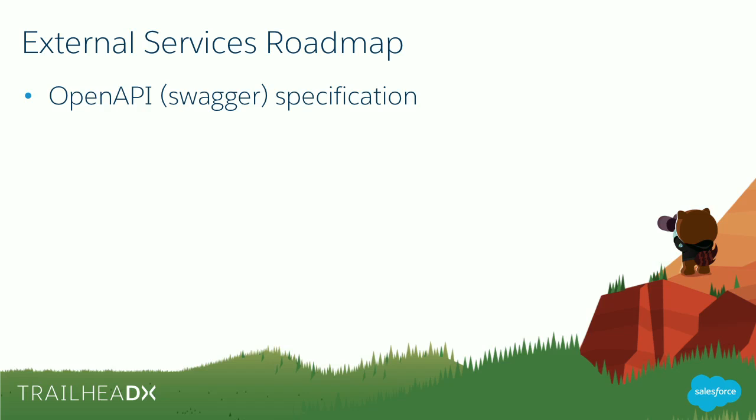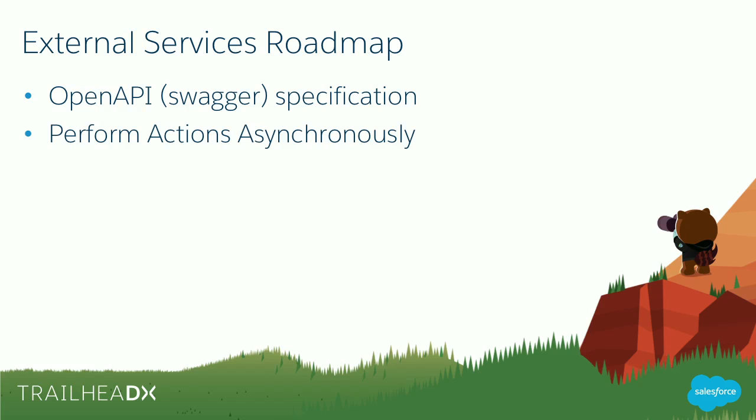My example was connecting two Salesforce orgs together, but you can also use this external service registration to connect up any APIs out there. IBM Watson, all of their APIs are described with Swagger. We're going to be including that in this feature.